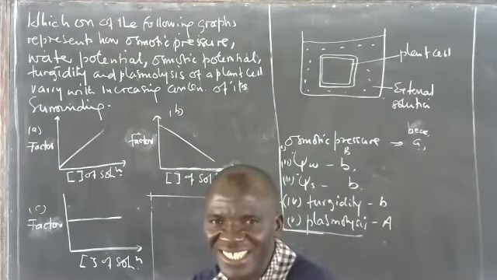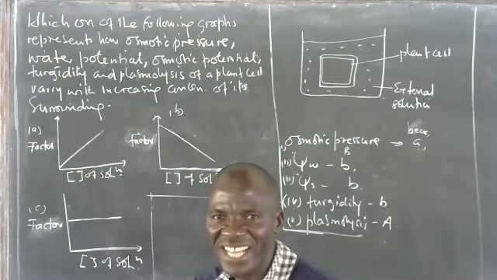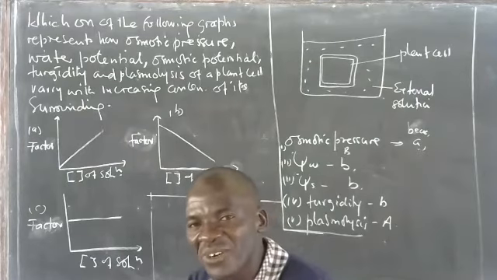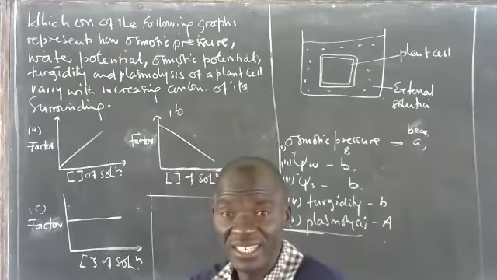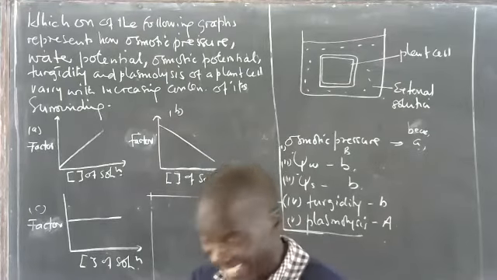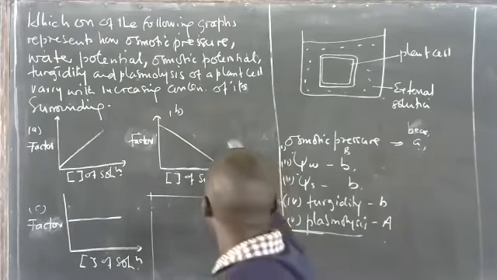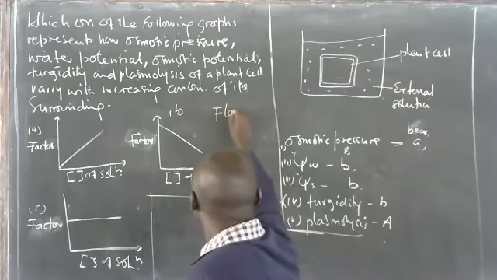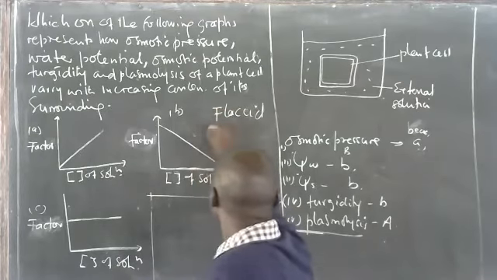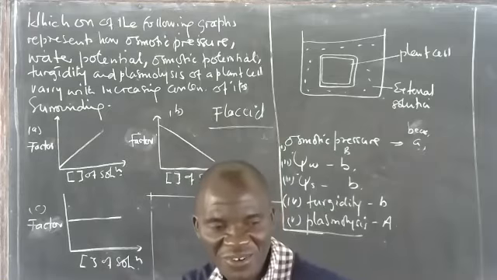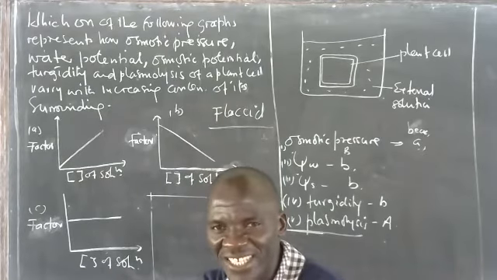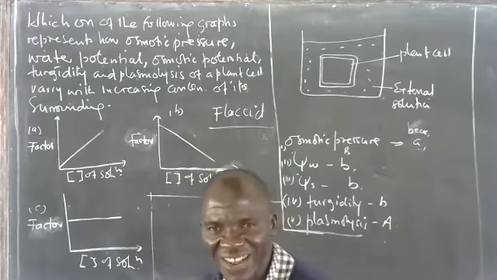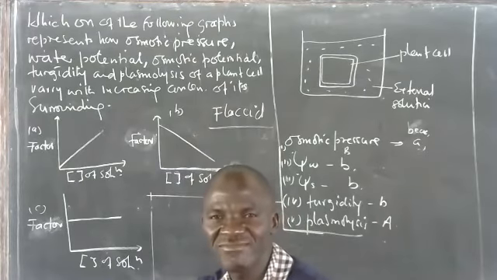Since turgidity is determined by how stretched the wall is, as the cell loses water, it becomes flaccid. I hope you have ever heard of that word, flaccid. It becomes small and soft. And turgidity measures the hardness, how hard the cell is.